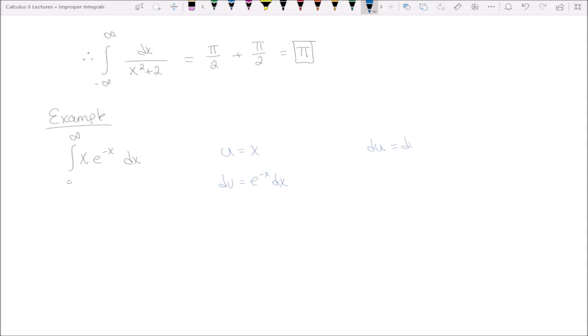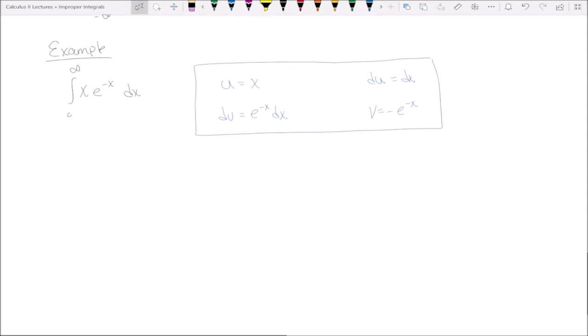Right, du would just be dx, and v would be negative e to the negative x. Right, so then this integral will be uv, so first let's rewrite this. Limit, b goes to infinity.